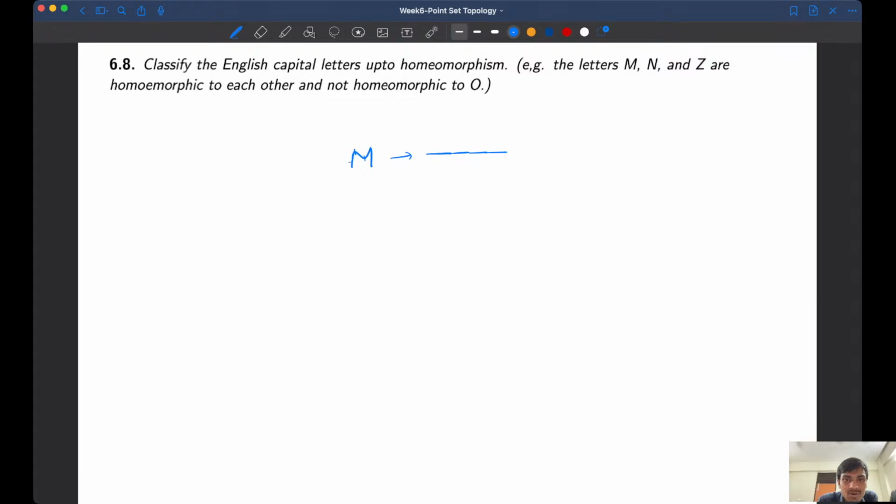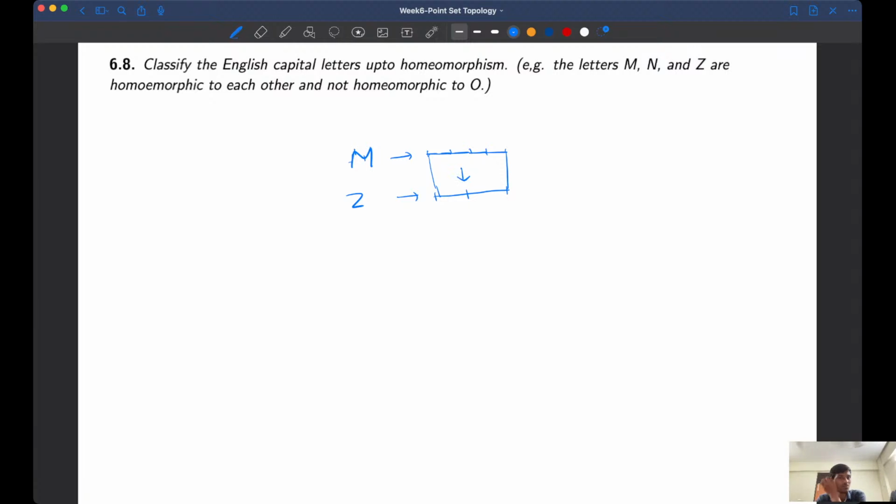So first map this part onto here, then here. So you just send the 4 separate parts, 4 to 4 straight lines here, and also in the Z you divide it, let's say, into 3 parts, and now find any bijection between these two sets.